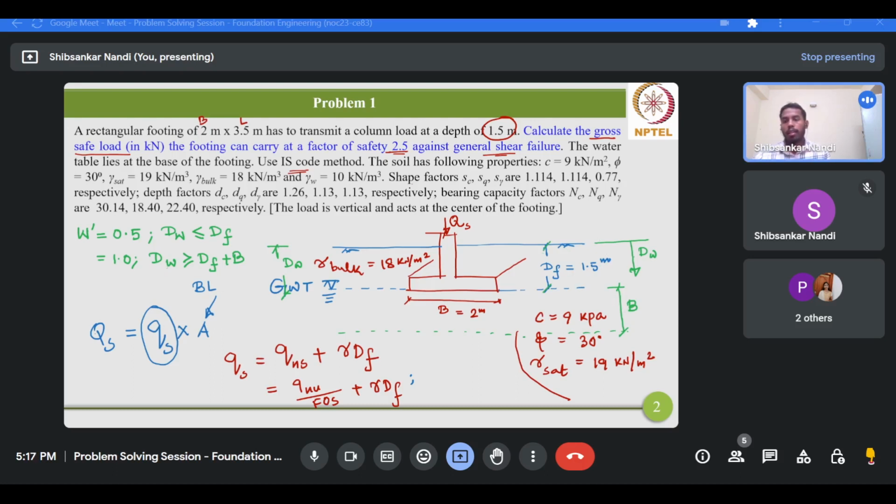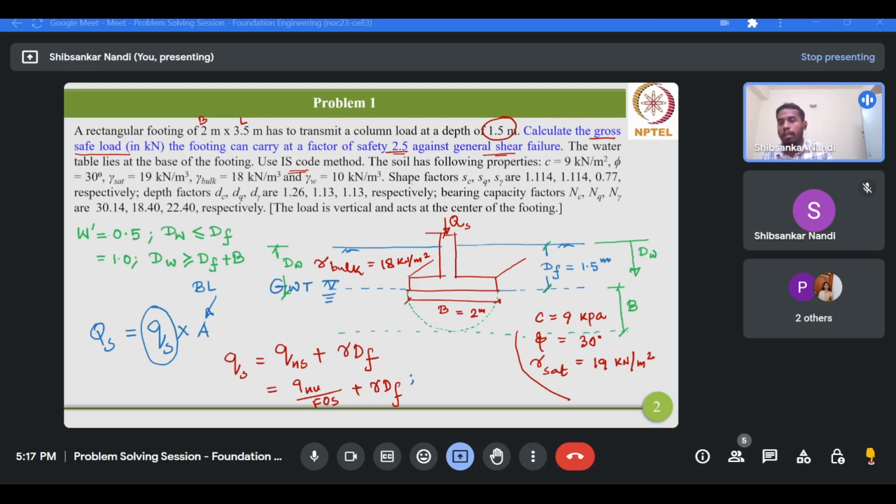So if the water table lies at a depth greater than dA plus b, then you need not consider any water table effect on the bearing capacity. That means the water table lies beyond the influence zone. Suppose this is the influence zone, so it lies beyond it, and that's why you need not consider the water table effect on the bearing capacity calculation.